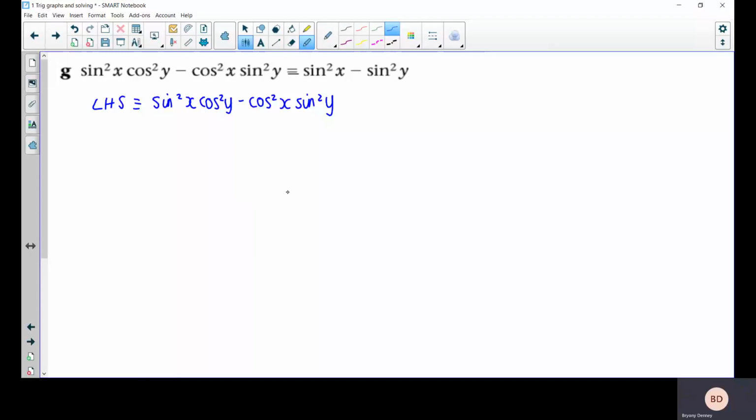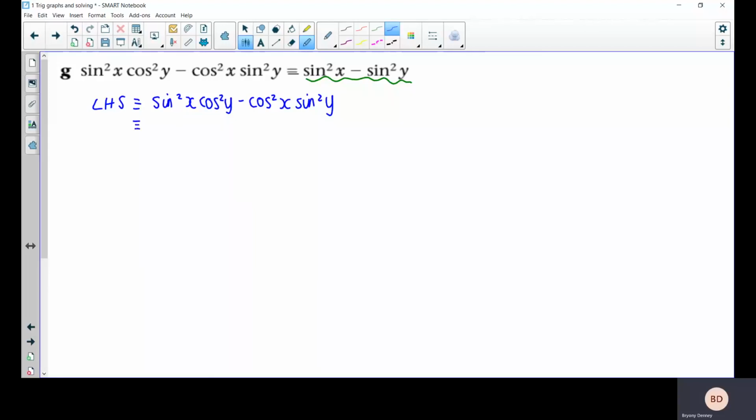So the first thing I'm going to do is change the cos squared y and the cos squared x into 1 minus sine squared y and 1 minus sine squared x. Why am I thinking of doing that? Well, then I just get everything in terms of sine, and I'm looking at the right-hand side. Remember, you can use that as a clue. I only have terms involving sine.